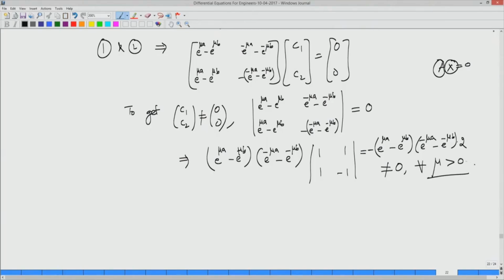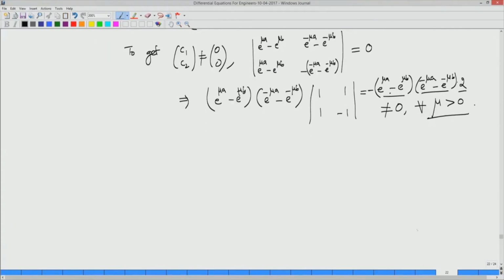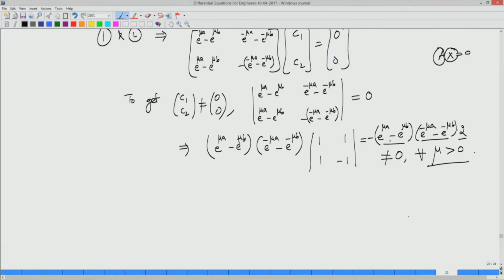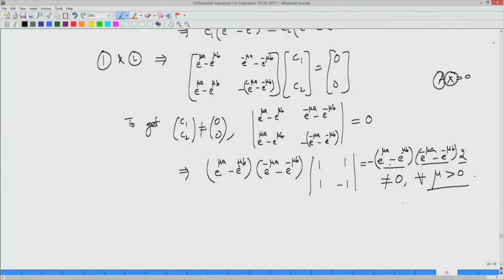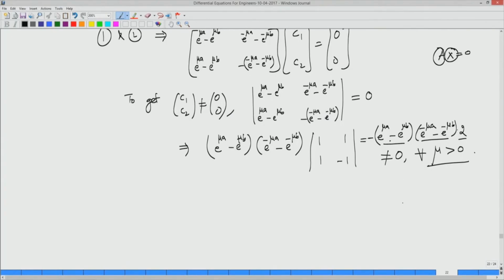For mu positive and a not equal to b, this quantity is non-zero, this quantity is non-zero, and 2 is non-zero, so it is never 0 for any mu value. This determinant cannot be 0.